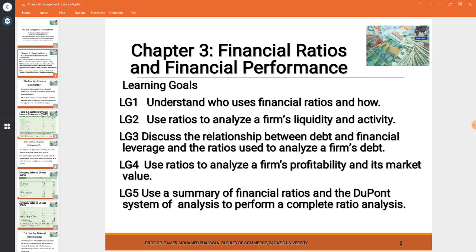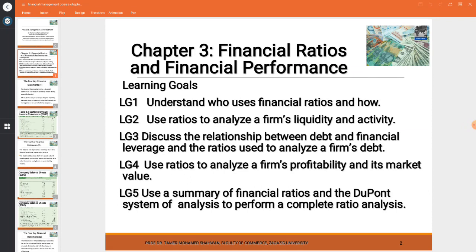By the end of this chapter, you must be able to understand who uses financial ratios and why. Number two, how you could use financial ratios to analyze a firm's liquidity and activity.